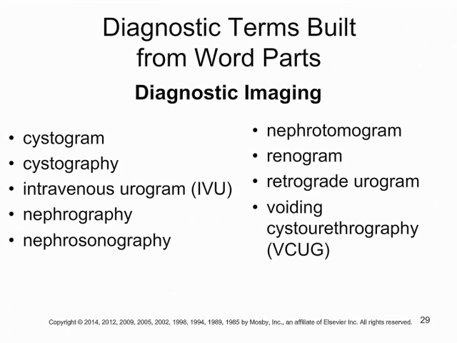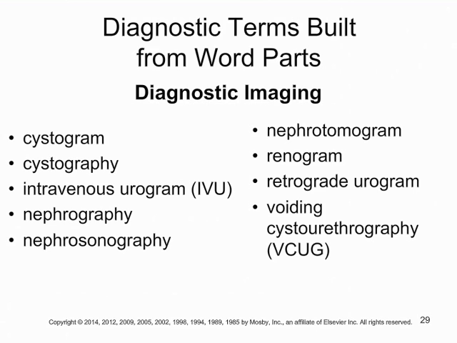You can also have a retrograde urogram, and in that case, instead of the contrast media being delivered intravenously, it's delivered through a urinary catheter, which I'll tell you what that is exactly in a little bit. But the catheter then injects contrast media into the bladder and ureter, so you can get an idea of what's going on there.